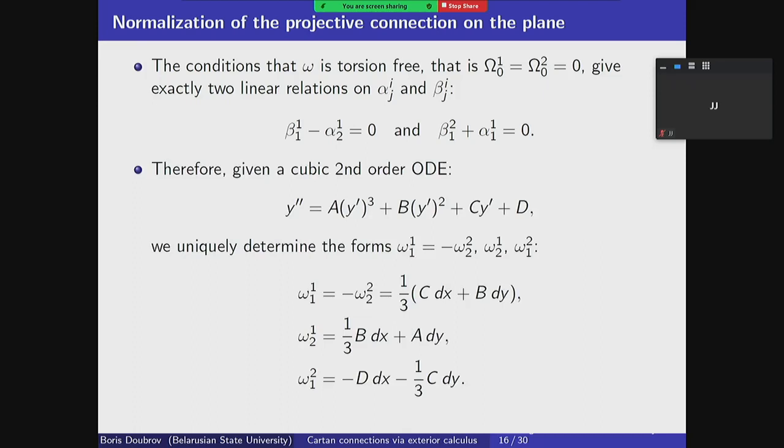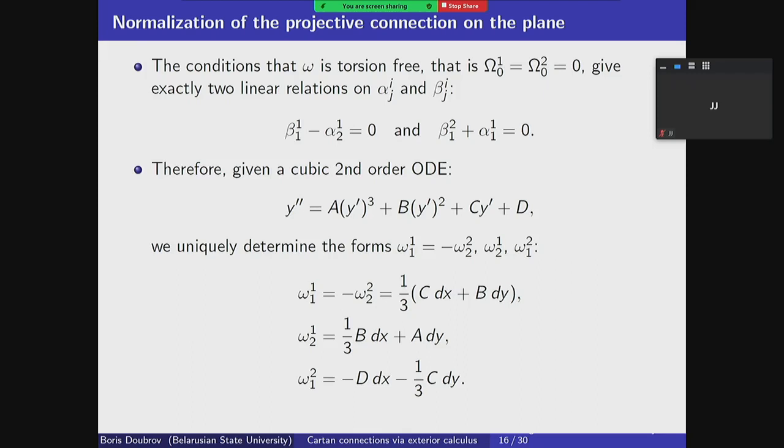whenever we have a cubic second order ODE, an arbitrary one, it uniquely defines for us 4 forms omega ij. Well, we already normalized in the curvature form the top left slot to 0, so omega 11 is equal to minus omega 22, and these are these expressions. Fairly simple.